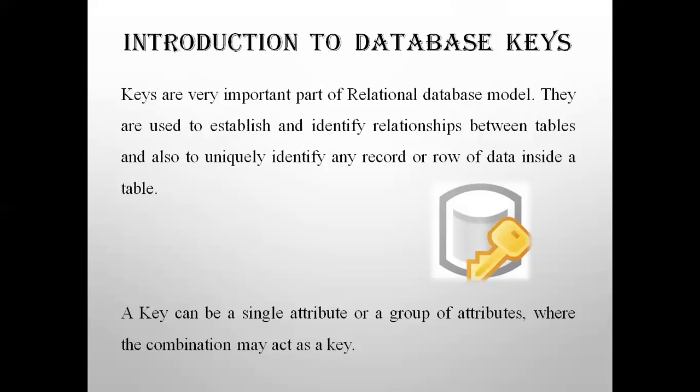The relational model imposes some restrictions or constraints on the values of the attributes and how the contents of one relation can be referred from another relation. These restrictions are specified at the time of defining the database through different types of keys. So here we come to the concept of key.